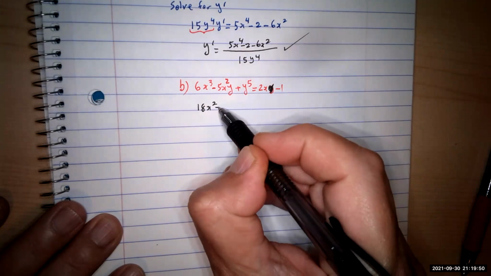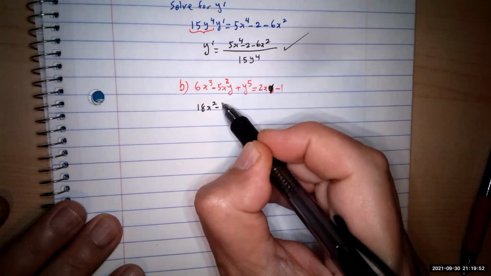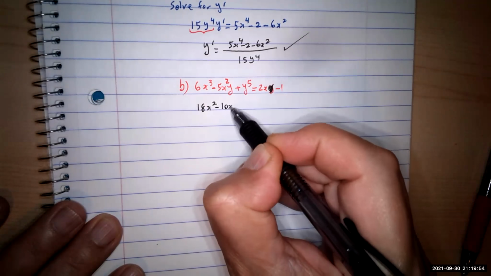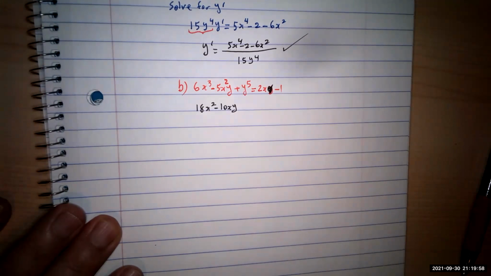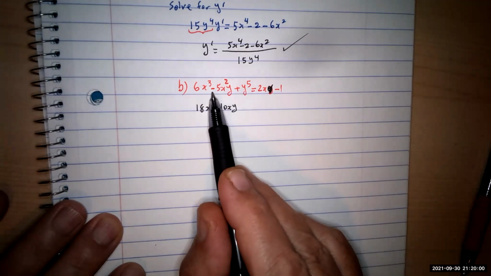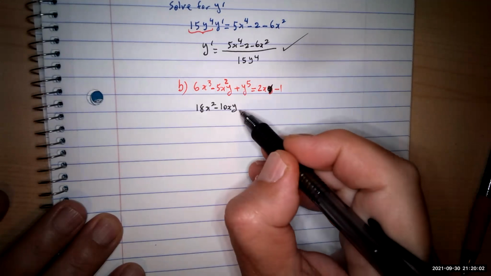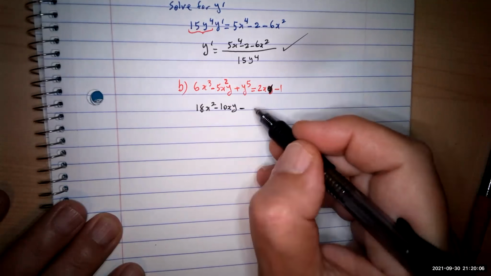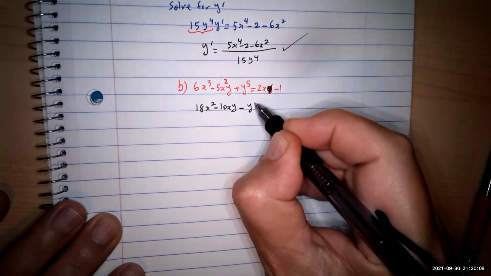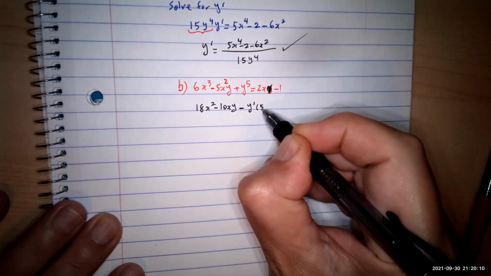The first gives 5 times 2, 10, 10x times y. But there is a negative sign, so it's going to be negative. The derivative of y is y prime, so it's y prime times 5x squared.